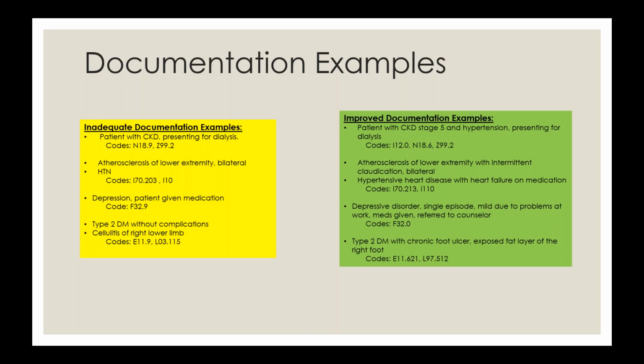But if they were to document depressive disorder, single episode, mild due to problems at work, meds given, referred to counselor, then that would give you that more accurate code. And also it makes it to where it meets criteria. And then if it has just type 2 diabetes without complications, and they also have documented cellulitis of right lower limb, that just gives you that unspecified diabetic code with the cellulitis code.